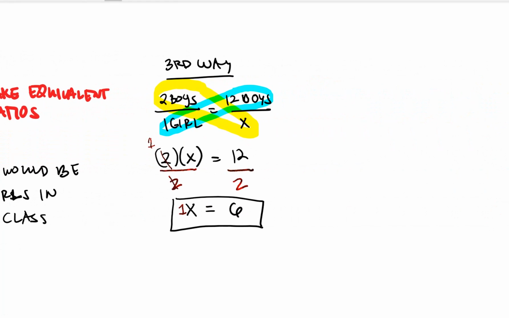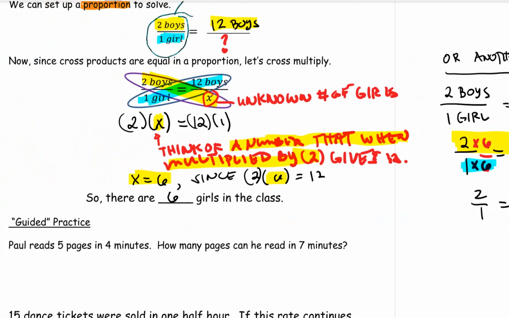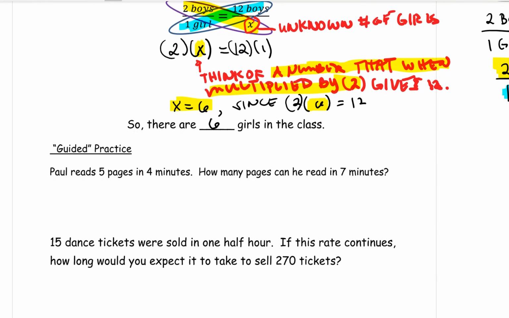Okay, so let's take the guided practice here. Paul reads 5 pages in 4 minutes. How many pages can he read in 7 minutes?